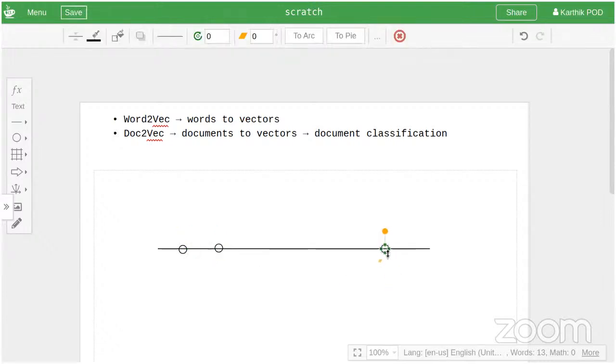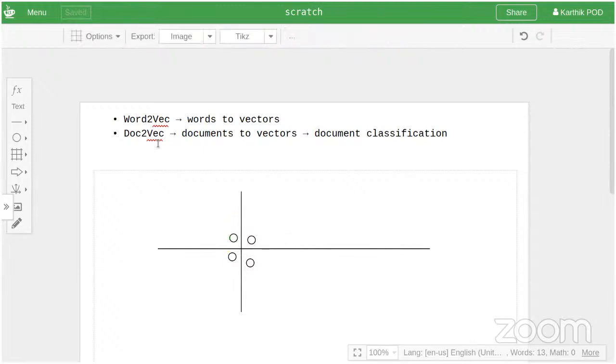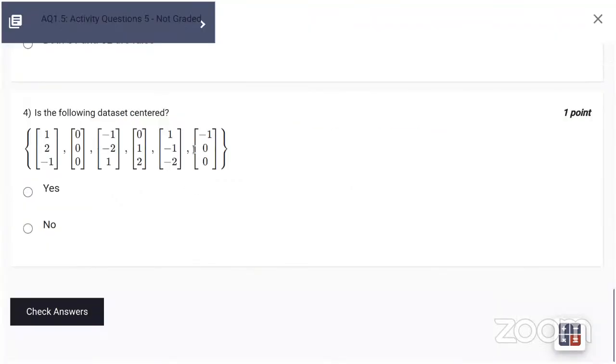The lengths of these points should be kind of equidistant from both sides of the origin. If it is a 2D case, they'll all be clustered around this. I'm drawing it very symmetrically, but it need not be so symmetric, right? Somehow the sum of all these data points divided by the total number should be 0. So that's what we mean by centering the data set.